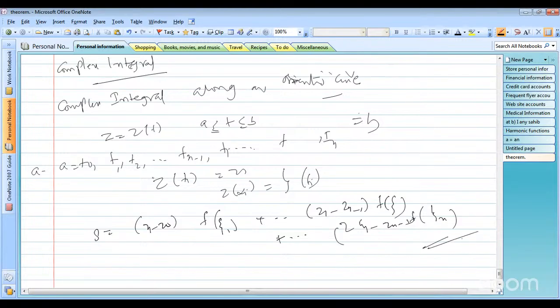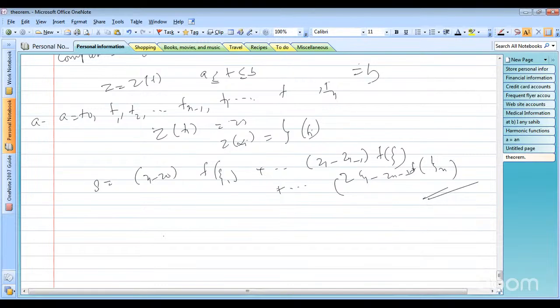So therefore the simplification of this is the summation of i equal to 1 to n of Zi minus Zi minus 1 f of zeta i.